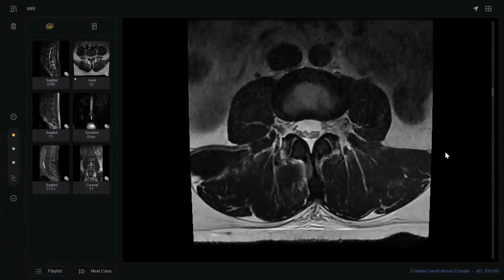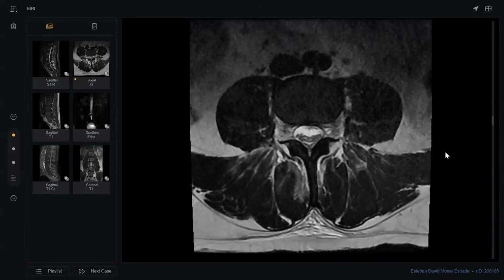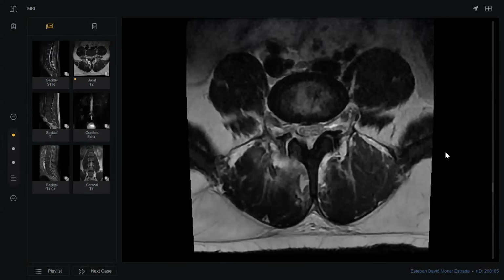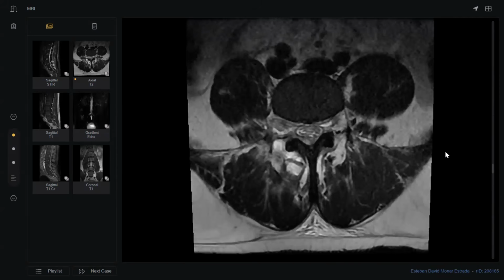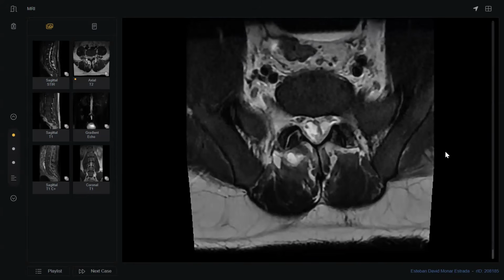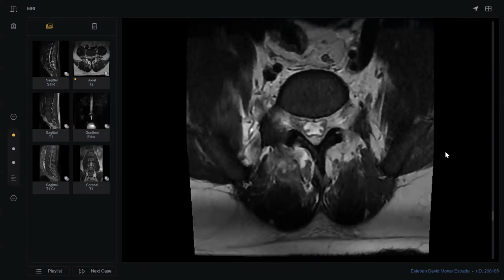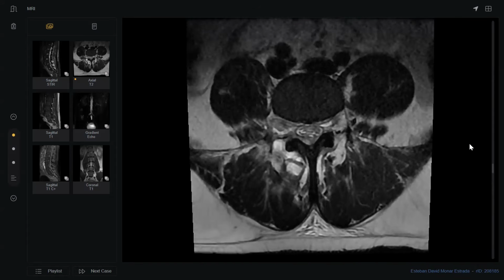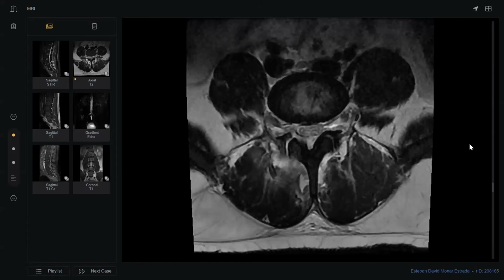I'm scrolling. I didn't see any obvious abnormality. I can see that the thecal sac shows peripheral clumping of nerves, it is central clumping of nerves at this level, and there is narrowing of the CSF space anterior and posterior to the thecal sac.